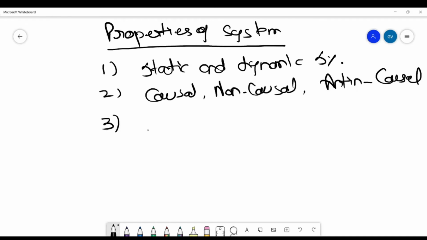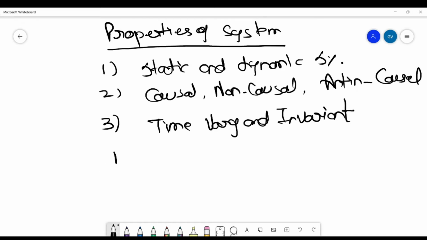The third one is time variant and invariant system. The fourth one is linear and non-linear system.